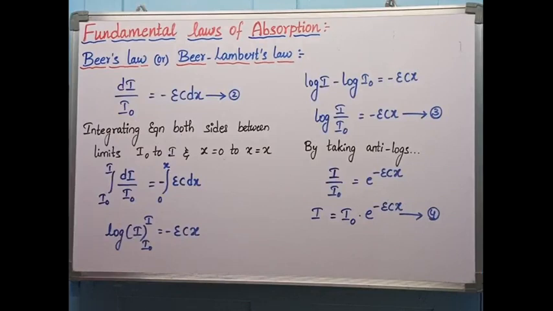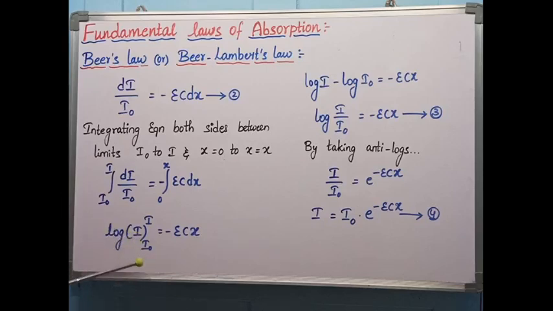If I integrate both sides between the limits I naught to I and 0 to x, then I'll get the integration from I naught to I of dI by I naught is equals to the integration from 0 to x of minus epsilon C dx. In the further step, you'll get that dI by I naught integrates to log.